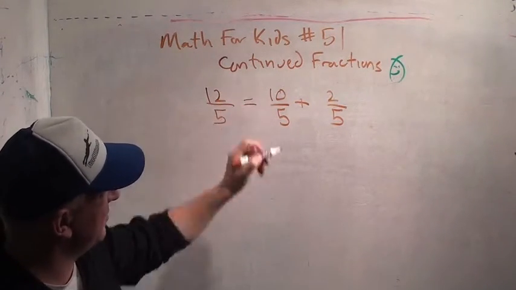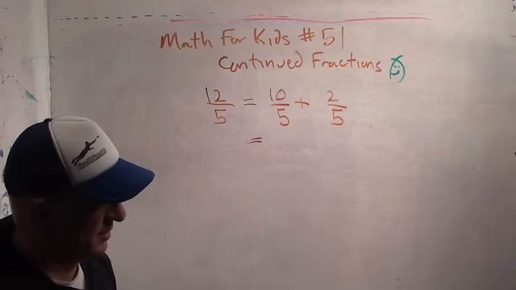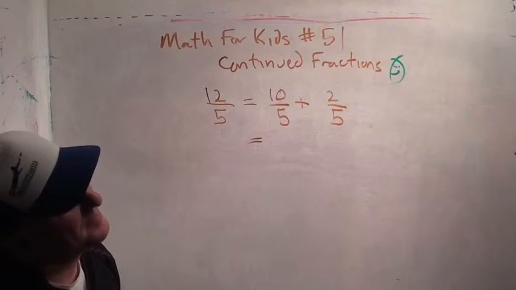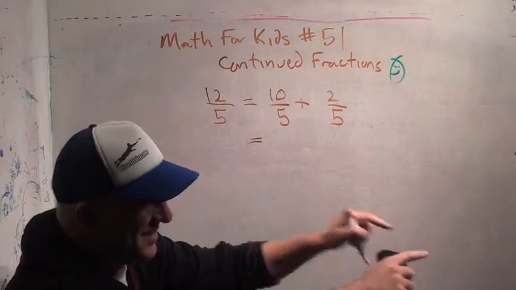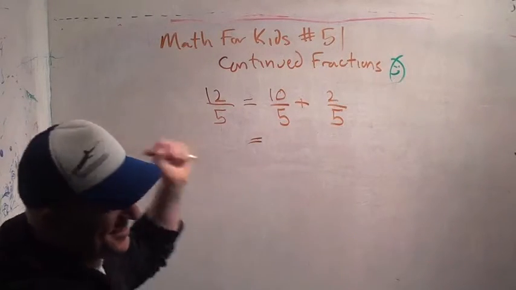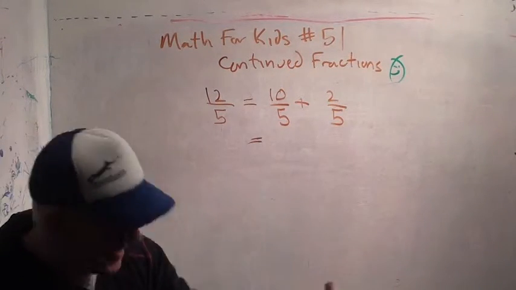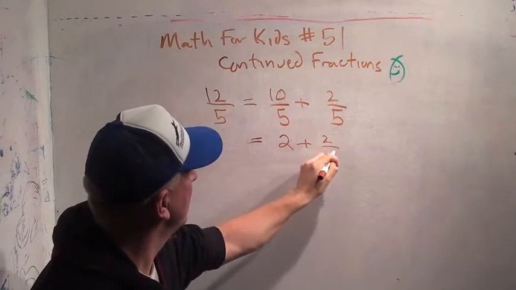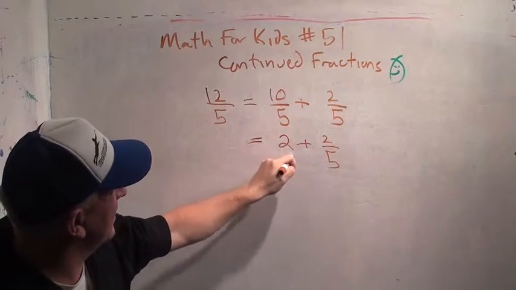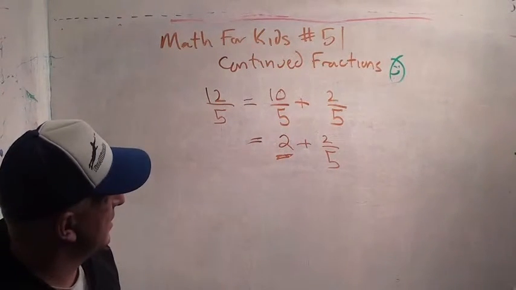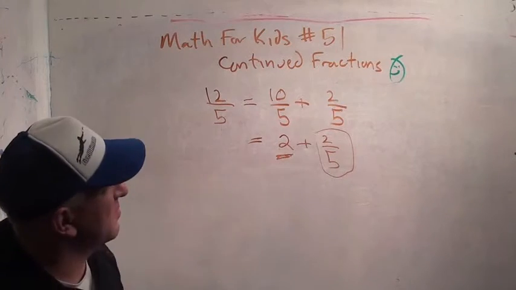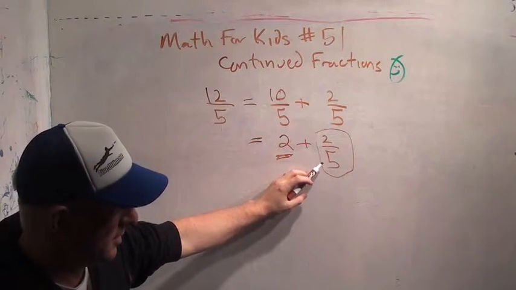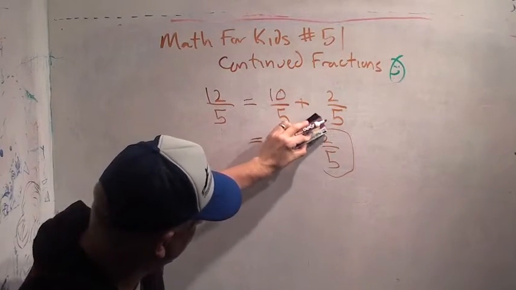What is 10 fifths? 10 fifths is 2, right. So this is the same as 2 plus 2 fifths. So that's how you split it. You got to take the integer out. And you're left with a fraction that's bigger than 0 but less than 1. Is 2 fifths bigger than 0? Yeah. Is 2 fifths less than 1? Yeah. Okay, so that's the splitting part.